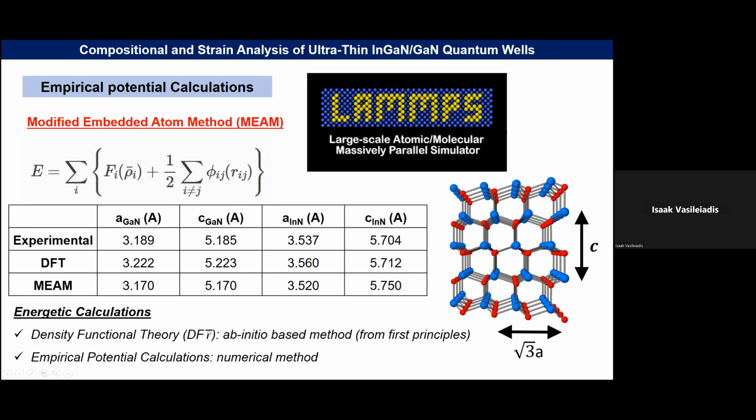Density functional theory is an ab initio-based method from first principles and used in order to check the empirical potential, to check if our modified embedded atom method is accurate enough to describe such structures.